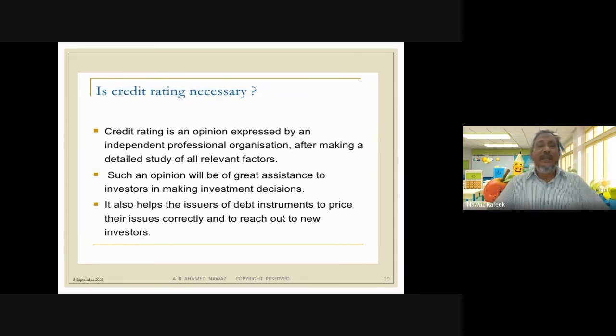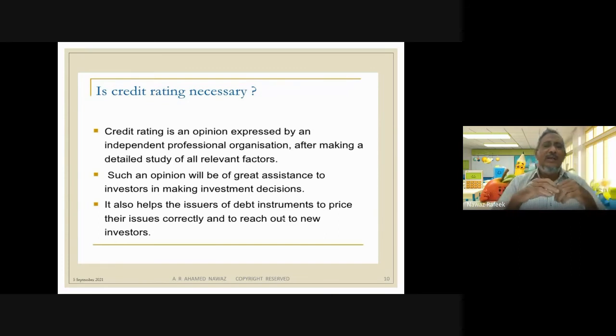So whenever they try to increase their capital or issue debt instruments like debentures, commercial papers, or issue shares to the market, depending on the credit rating given by the rating agency, the instrument price can be decided correctly.